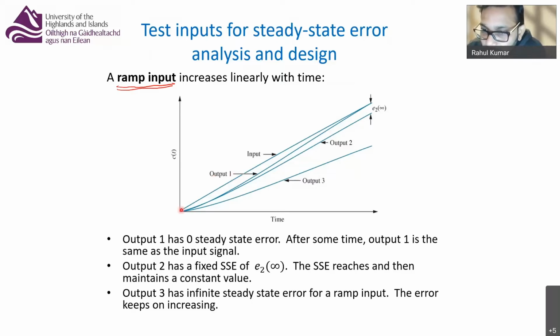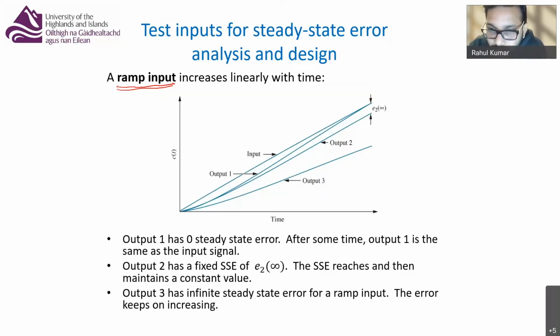So output 2, in the initial or transient state, there is some difference. But gradually if I follow output 2, it reduces, and at this point my input and output are the same, right? That is, there is no error.